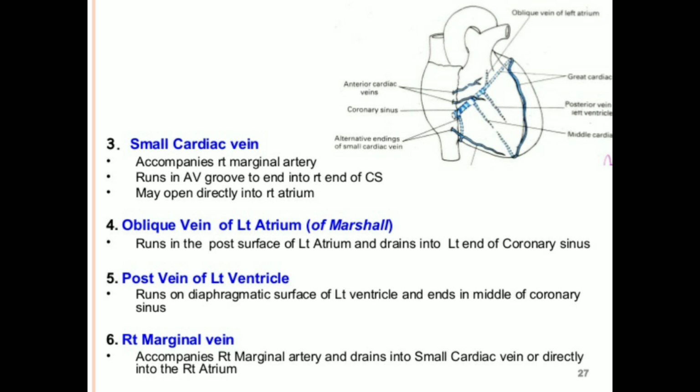The next is the oblique vein of the left atrium, which runs on the posterior surface of the left atrium and drains into the left end of the coronary sinus. Then the posterior vein of the left ventricle and the right marginal vein.